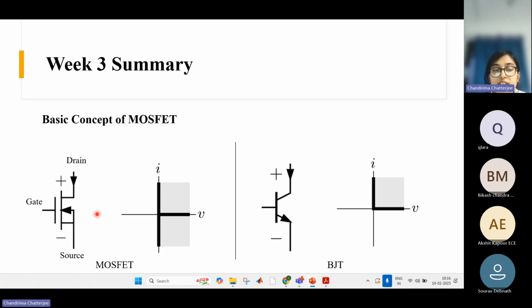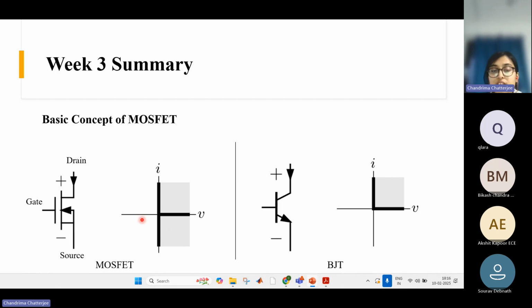And what is the second difference? The second difference is in the IV characteristics. BJT can block the voltage in the forward direction and it can carry forward current. Forward current means, for an NPN transistor, it can carry current from collector towards emitter, from here to here. But in the IV characteristics here you can see that the current is bidirectional.